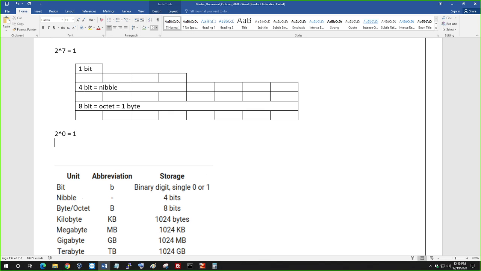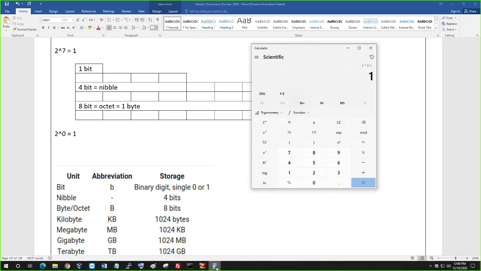Okay, and now if you do 2 to the power of... okay, let me clear this again. It won't clear. Okay, now it does. 2 to the power of 0, right? If you do 2 to the power of 1, then it's 2.